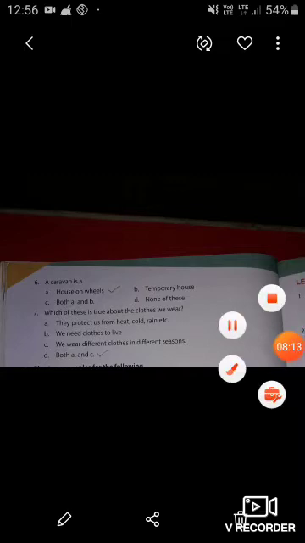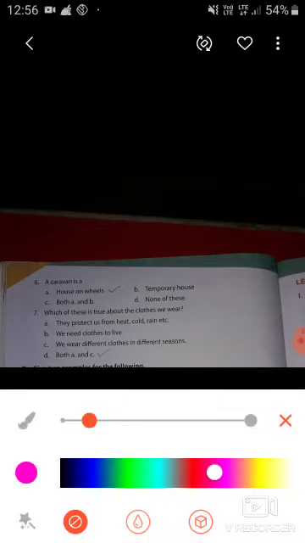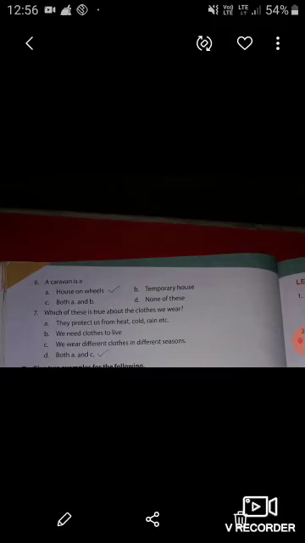So students, here your correct option is option number C, both A and B. A caravan is a house on wheels and it is an example of a temporary house. So you have to tick option number C.